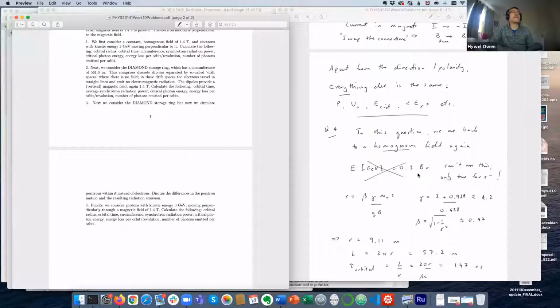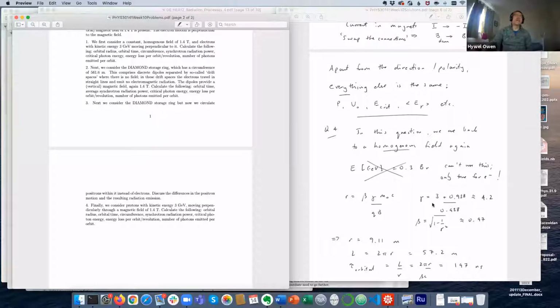We have to go back to our basic equation, which is the bending radius for a given particle with rest mass m0 and charge q moving perpendicular to a magnetic field B. So that's our bending radius. And we need to now calculate our gamma and beta factors. As we recall from the notes, gamma is about 3 plus the rest mass divided by the rest mass, because our kinetic energy is 3 GeV.